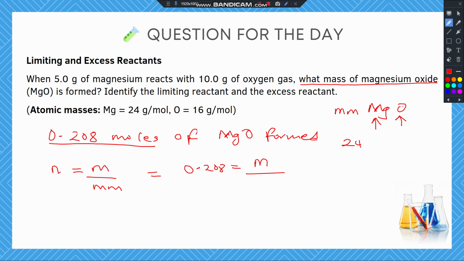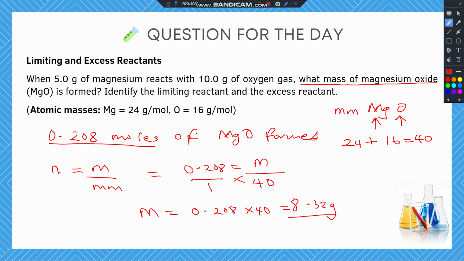So that becomes 24 plus 16, which gives us a total of 40. So at this point, what we have is over 40. From here, we can cross multiply. So M will now be equal to 0.208 times 40. 0.208 times 40 gives us the value of 8.32 grams. The amount in mass of magnesium oxide that is formed is 8.32 grams.